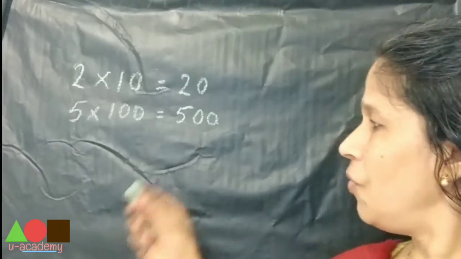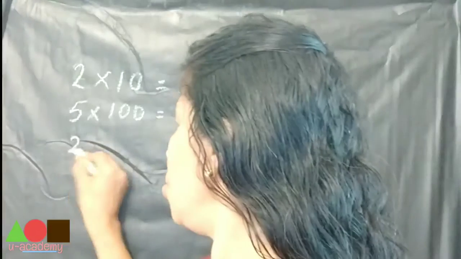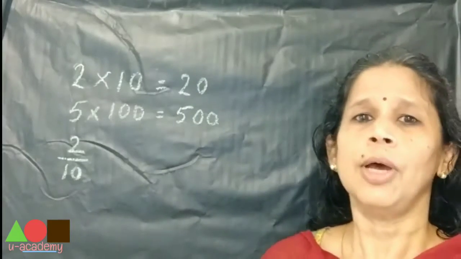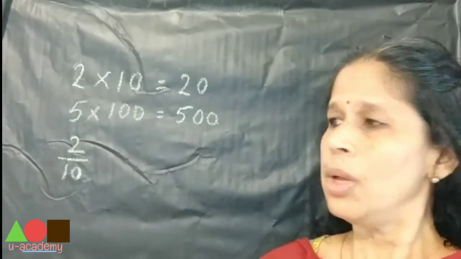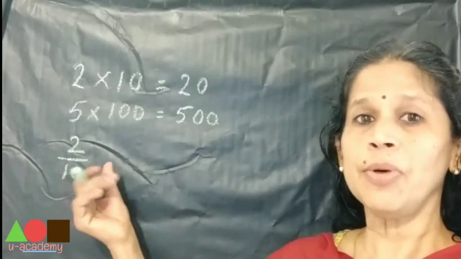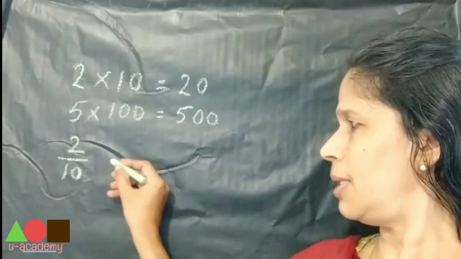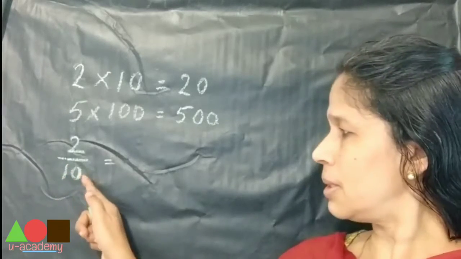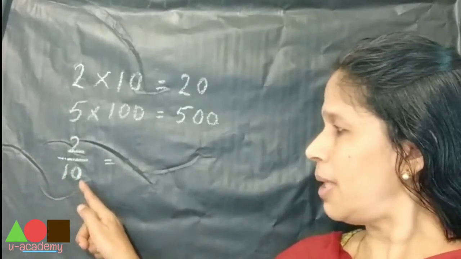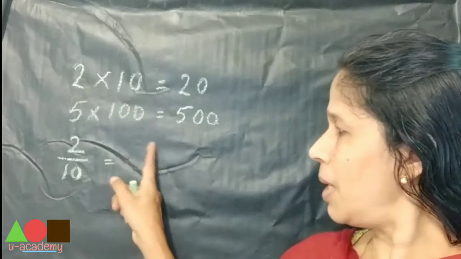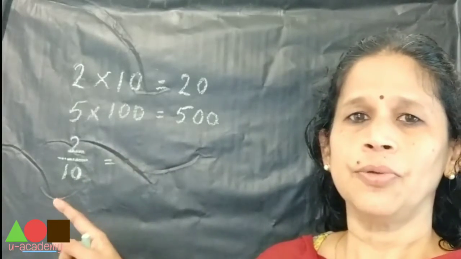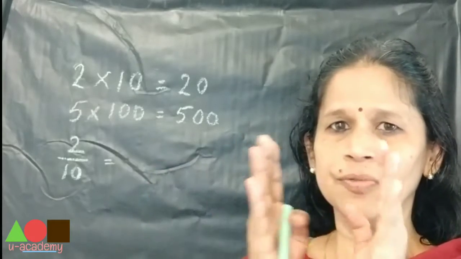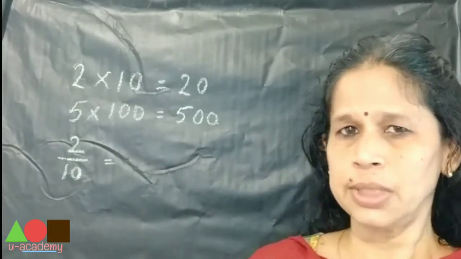Same way, if you are doing the division 2 by 10. All of you know division. I am not going to teach division now, but how to get the decimal number without doing division. Let us see that. So here the denominator has 1 zero. That means there will be one fractional digit. We know decimal numbers have a whole number part and a fractional part with the decimal point in the center.